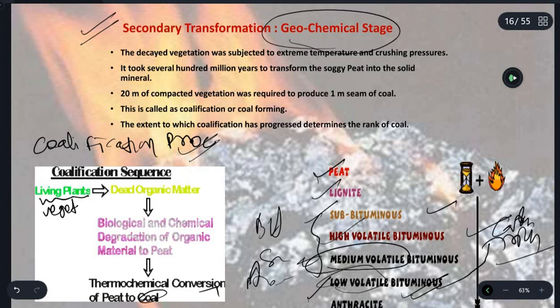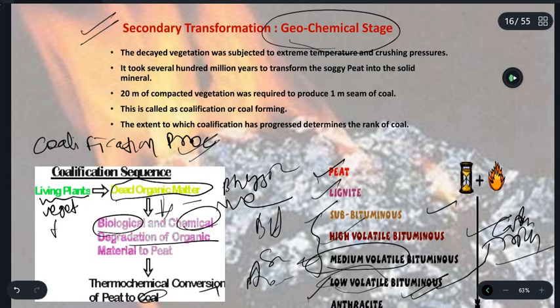How does it happen? The vegetation cover becomes dead organic matter that gradually undergoes physical or mechanical changes and biological and chemical degradation, from organic material to peat. And thermochemical conversion takes place from peat to coal. So this is called the qualification sequence.